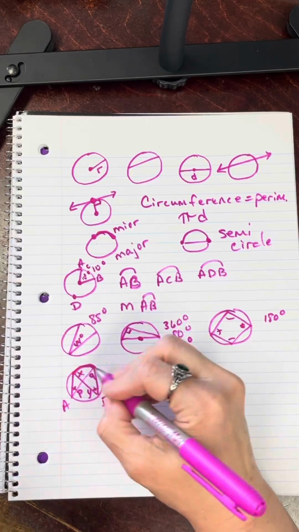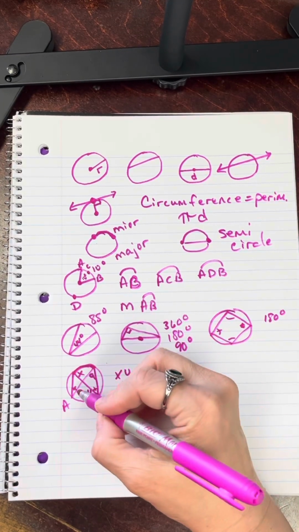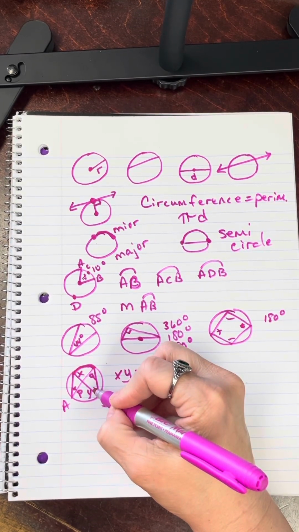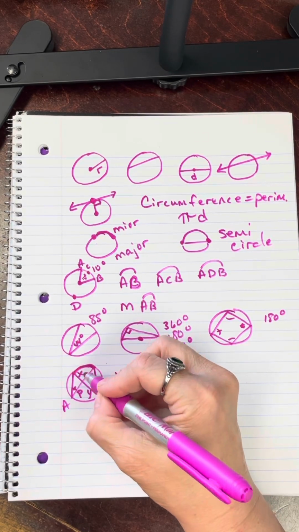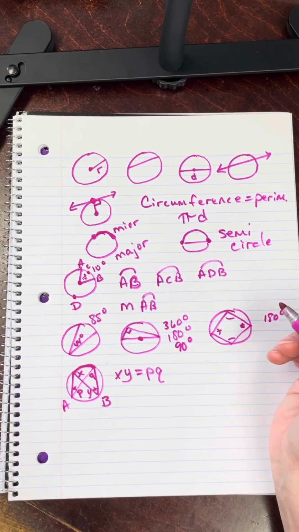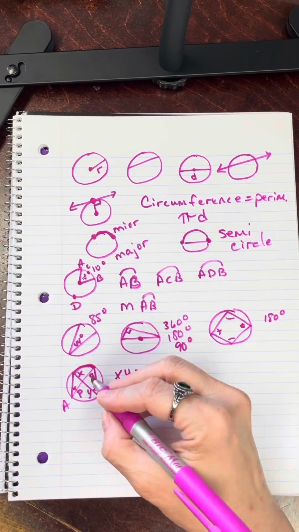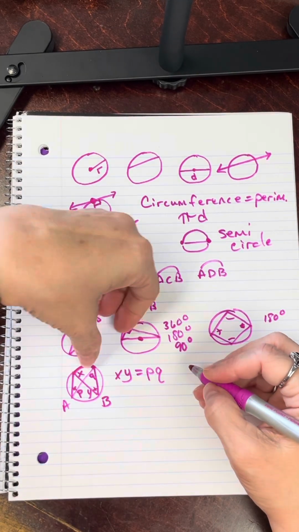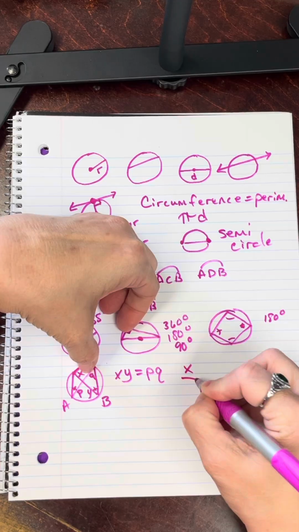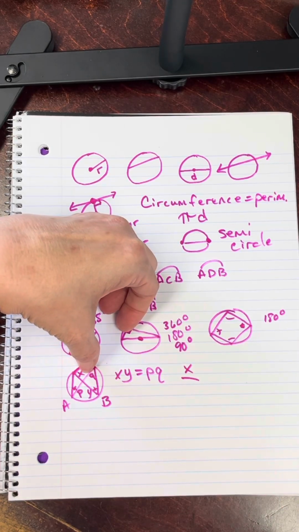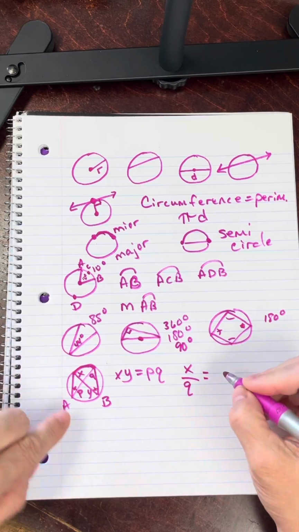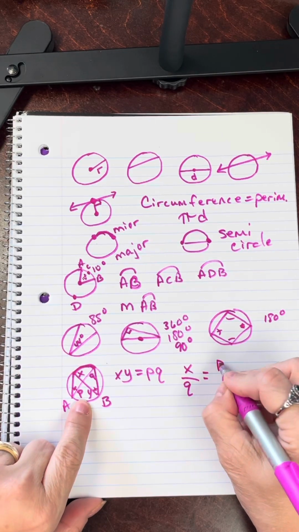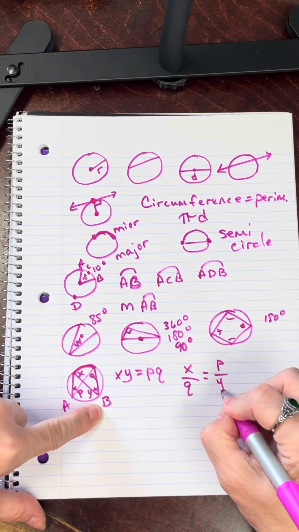Okay, so does that make them similar triangles? This angle and this angle are the same. These two are the same because they're vertical. Yes, the third ones would be implied to be the same. That being the case, I know I can set up proportions. So X from this triangle is going to match with Q from this triangle, and P from this one matches with Y from this one.